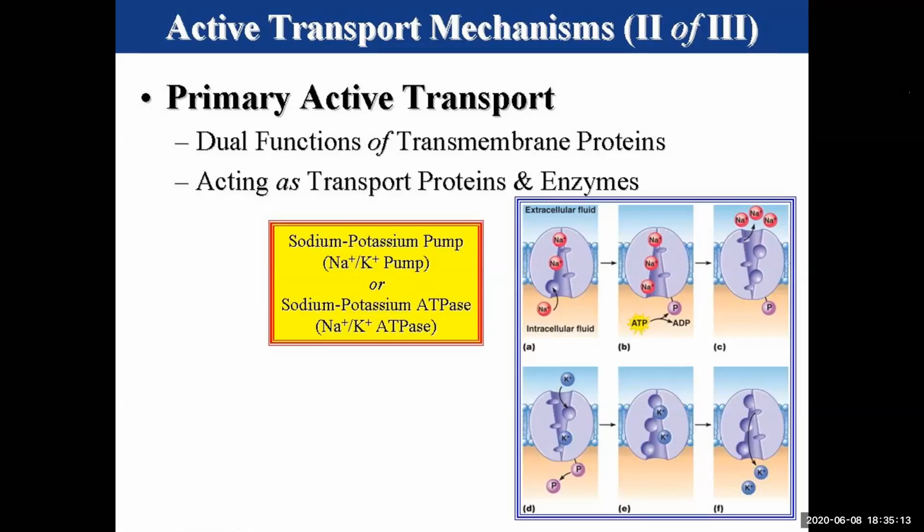So let's go over specific examples of active transport mechanism, beginning with the primary active transport mechanism. The reason we call it primary is that we also have a secondary active transport mechanism.